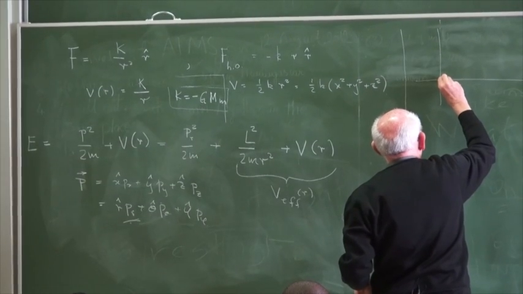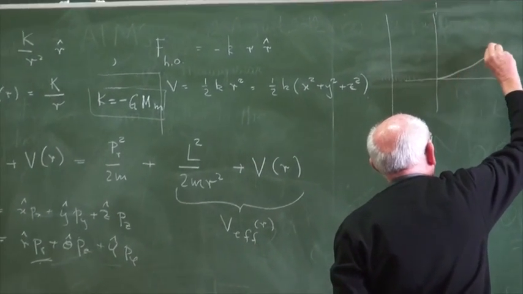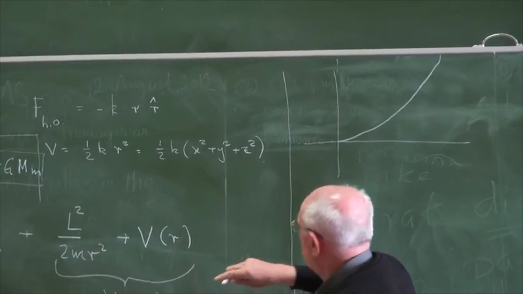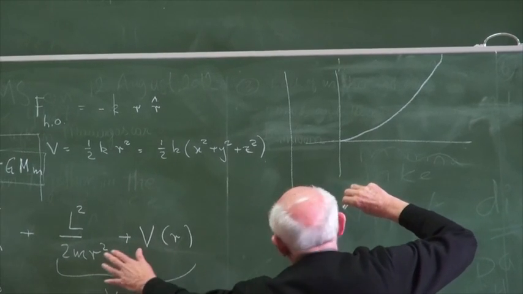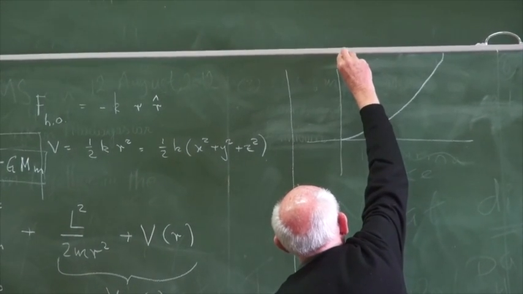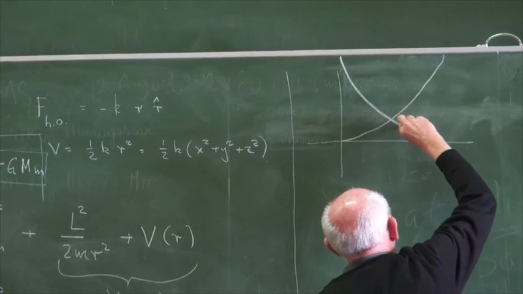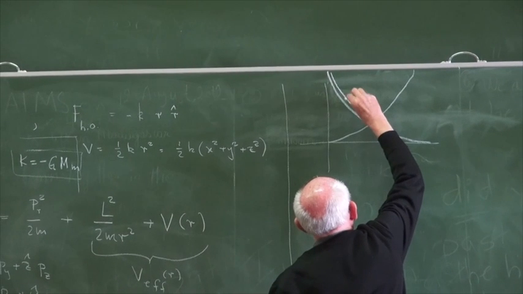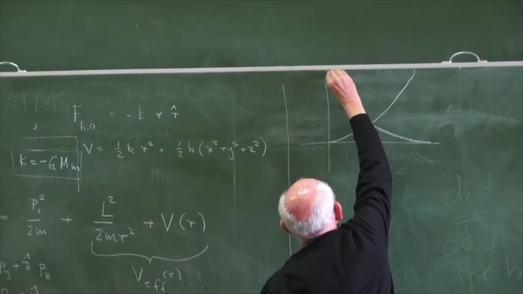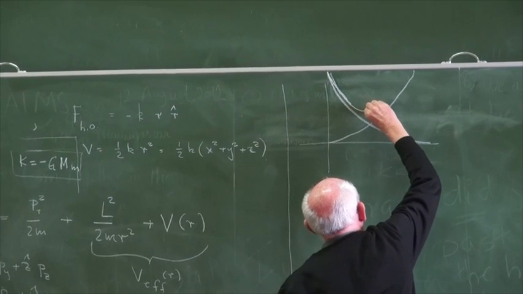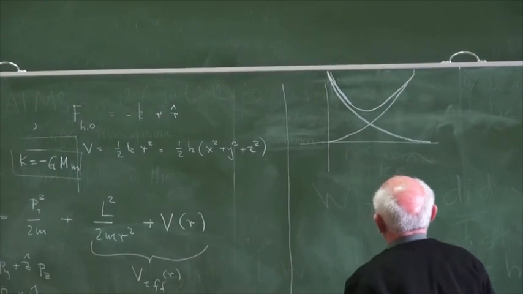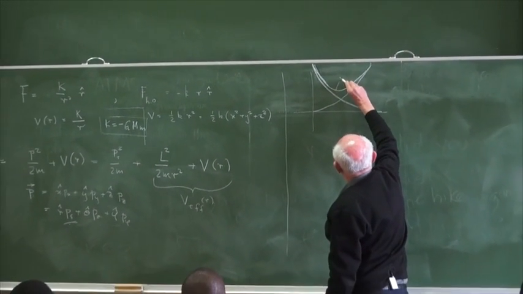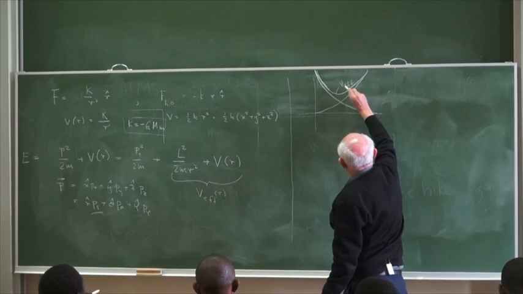It starts here at R equal to 0, and then it goes up like R squared. And then this thing comes down like this. And the total thing I get is, sorry, I start off there on the line, and then I go this way. And it looks like this. So this is V effective.